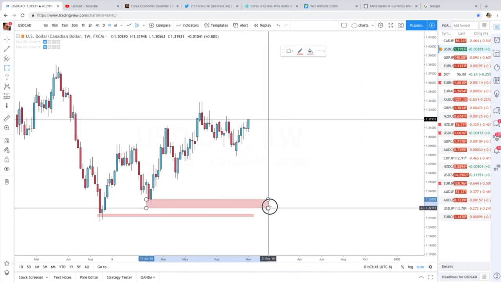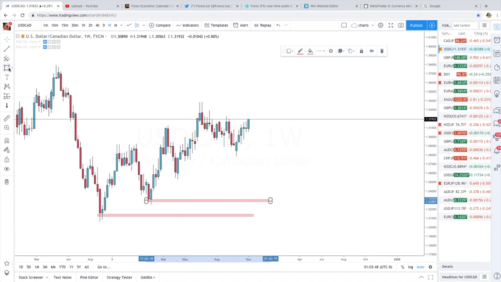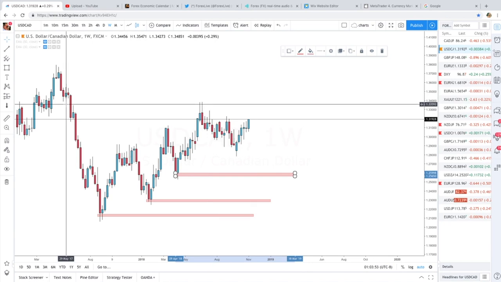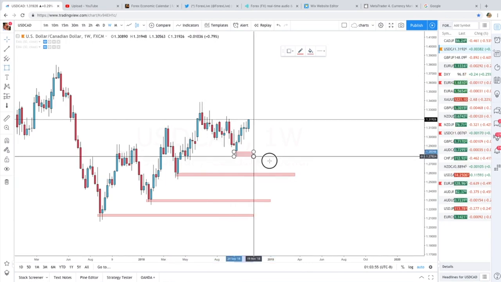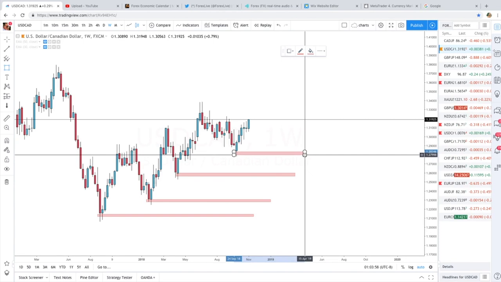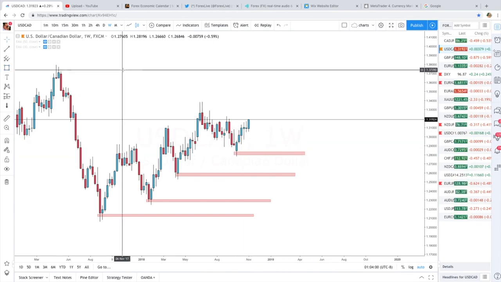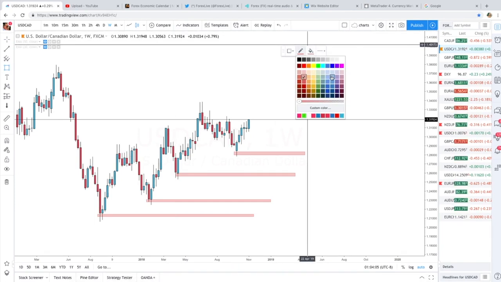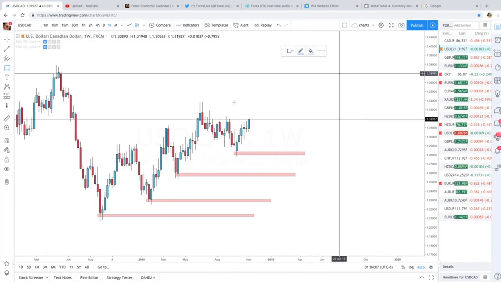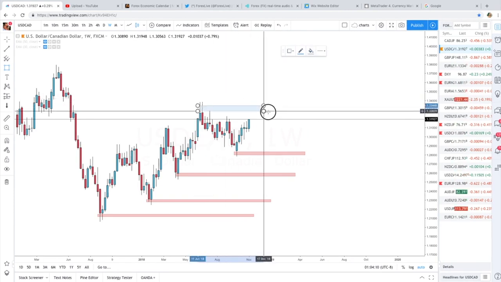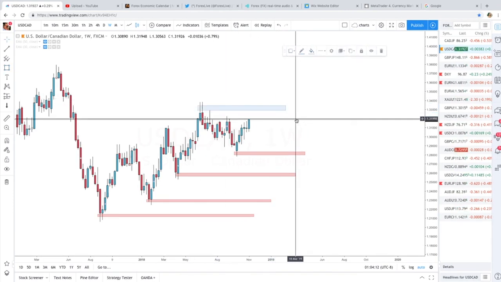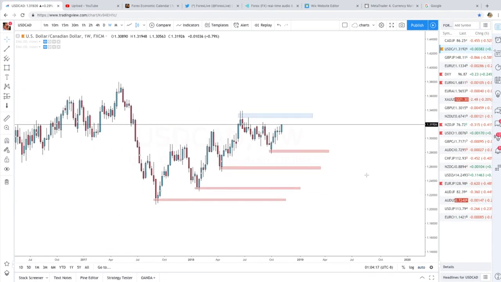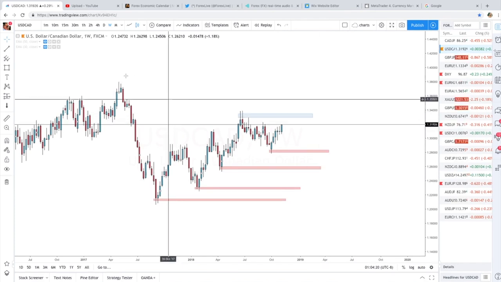We have a support here. And then we have a resistance level coming up here. Okay, so these are our main zones.